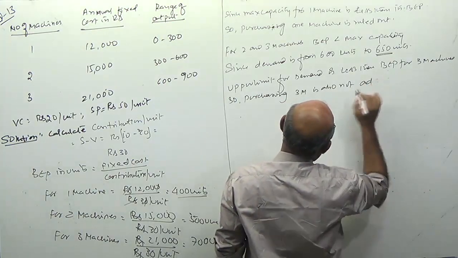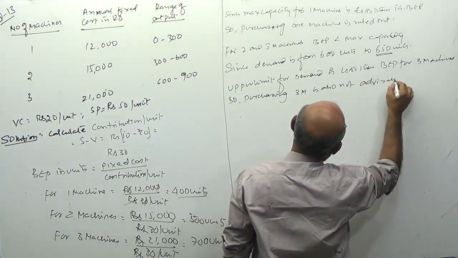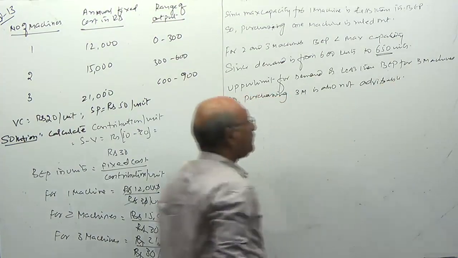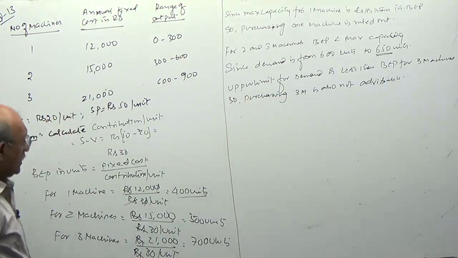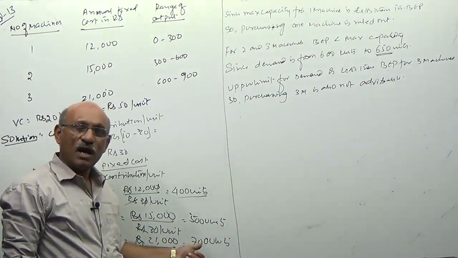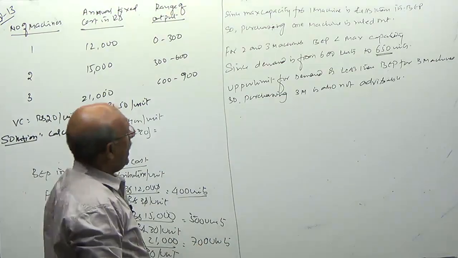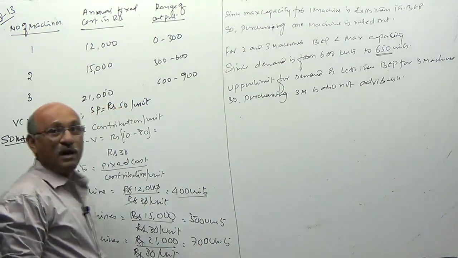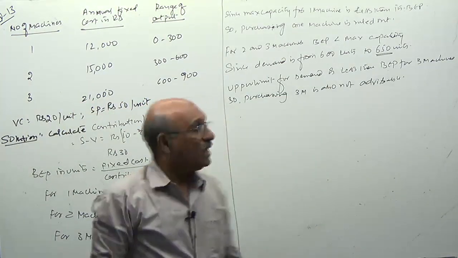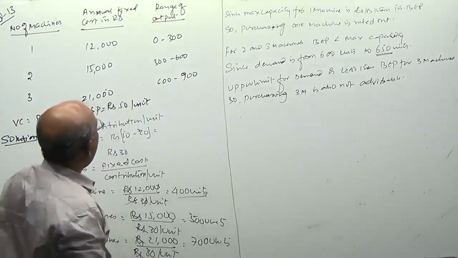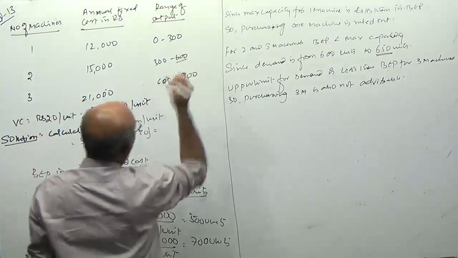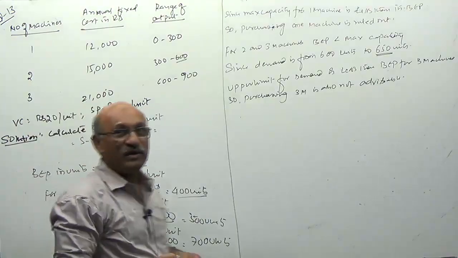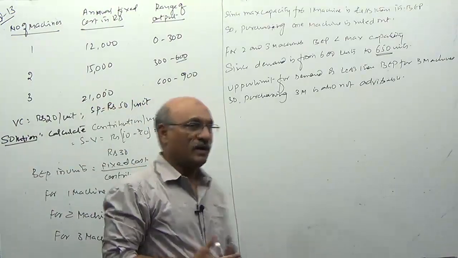So the option of purchasing 3 machines is ruled out. We have only one option left over, purchasing 2 machines. When I purchase 2 machines, how many units maximum can I satisfy? 600 units demand only I can satisfy.